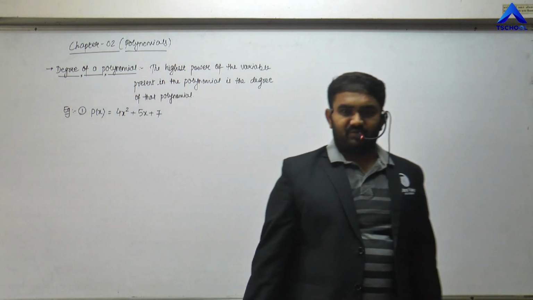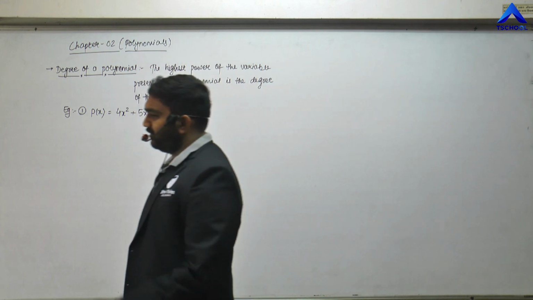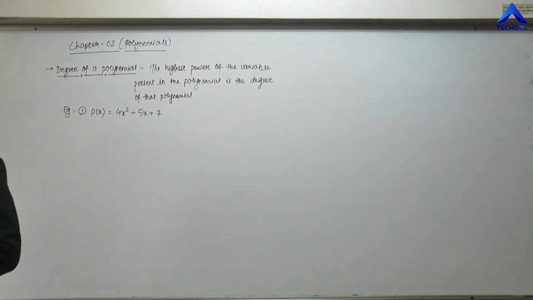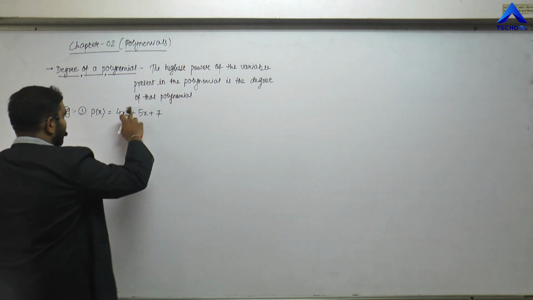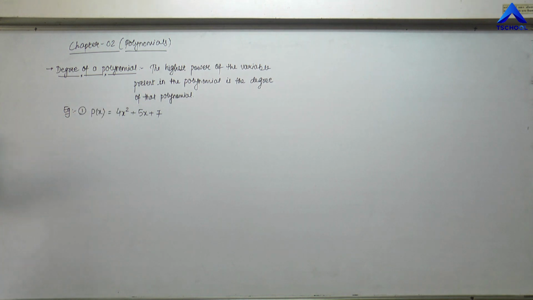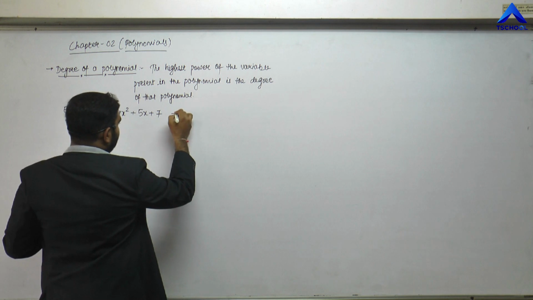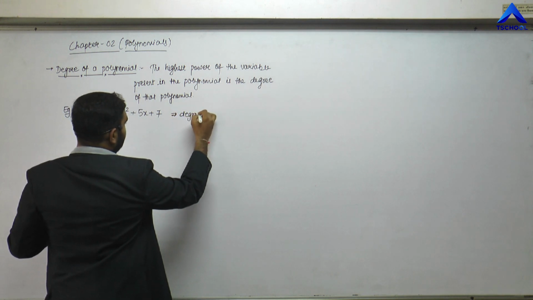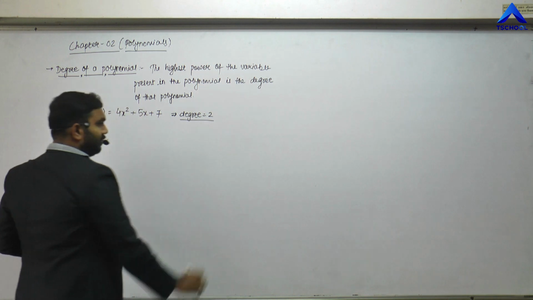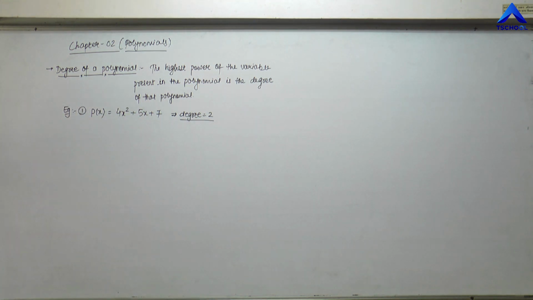Powers mean exponents, and exponents are always written in the raised to form of a variable. The numbers written in the exponents of a variable are known as the powers of the variable. So friends, note the highest power present here. The highest power here is 2, as you can see, right? That means the degree of this polynomial is equal to 2.